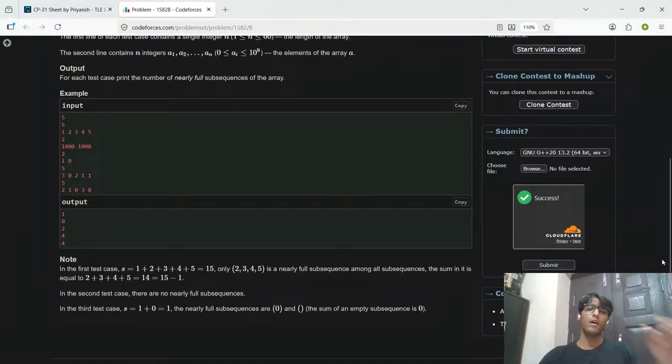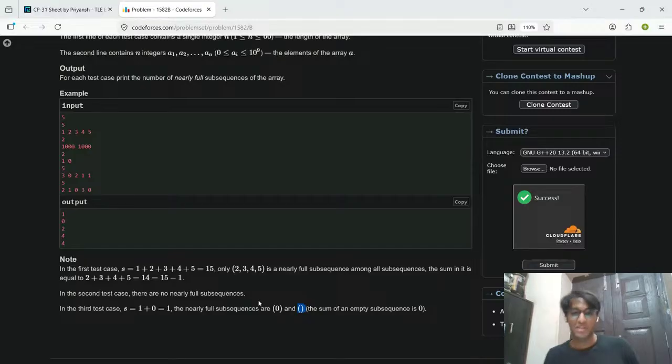It's sum of an empty subsequence. The sum of an empty subsequence is 0. Okay, you get it? So for this, there are 4 subarrays. How? 3, 2, 0, 3.